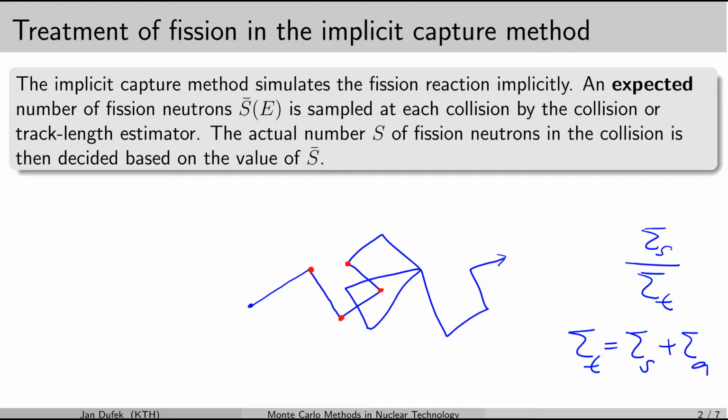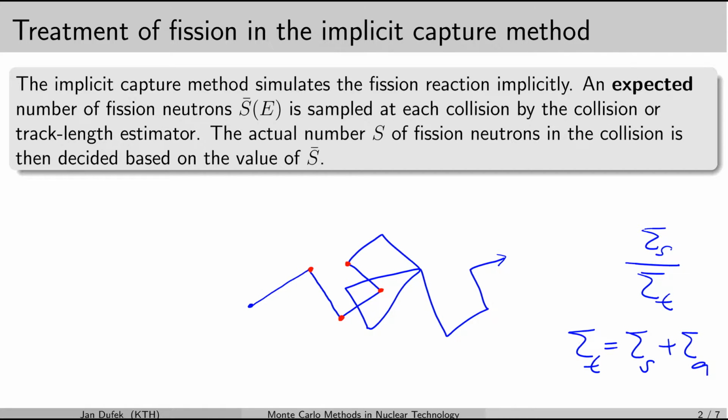So because the fission reaction is reflected into every scattering point here, we can try to evaluate the expected number of fission neutrons at every collision point. So I'm going to be denoting the expected number of fission neutrons at a certain collision point by the S bar quantity here.